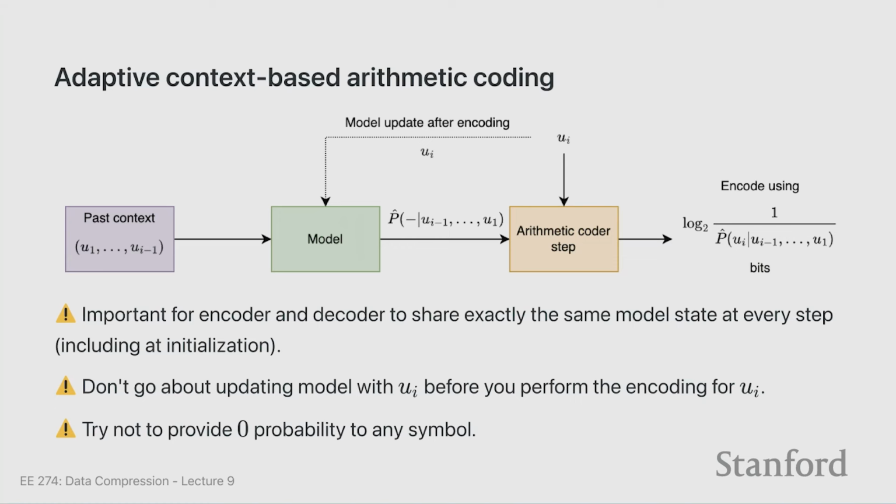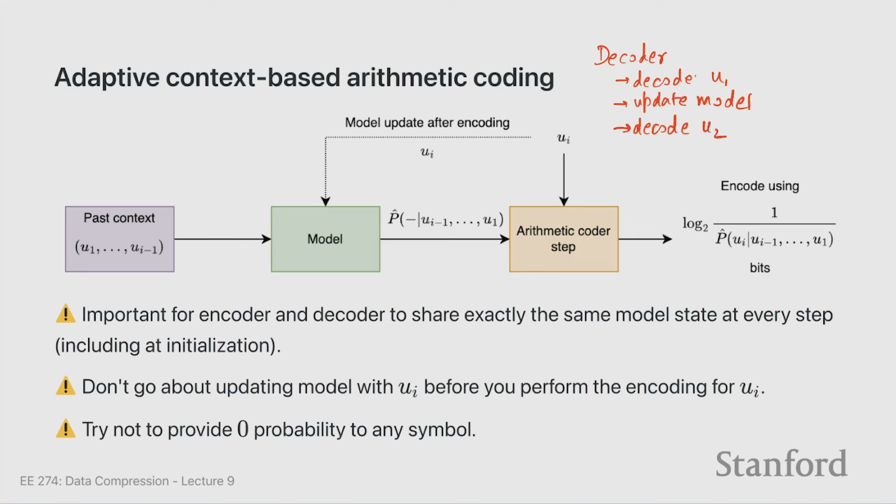So we can write it down as a sequence of operations. You take the decoder, so it will first decode U1, then it will update the model. It will need to update the model in exactly the same way the encoder did. At any time if the models diverge, everything is lost.